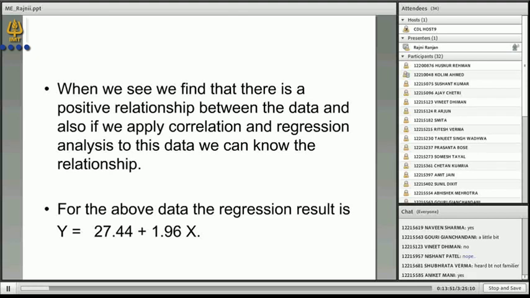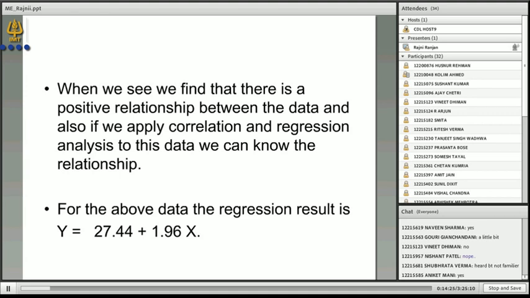This correlation and regression analysis you will be covering in your quantitative techniques subject, that is statistics mainly. What do you mean by correlation? If we see the word itself, it is when we are trying to establish a relationship between the two. In correlation analysis, we work out with the help of mathematical tools something known as a correlation coefficient.